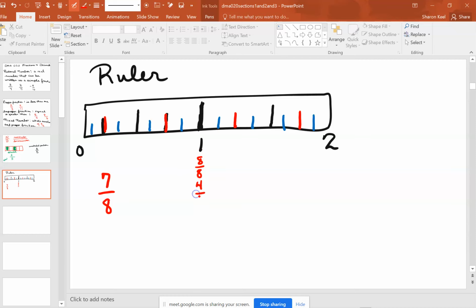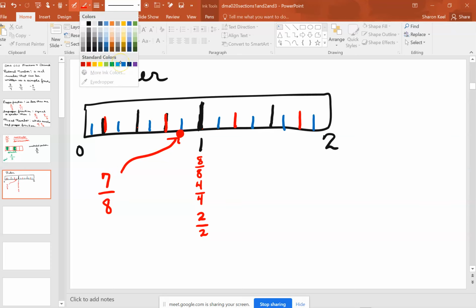Also, 4/4 would be one whole. 1, 2, 3, 4. Also, a 2/2, this is the half, 1, 2, that would also be equivalent to one whole. But if I wanted to graph the 7/8, I would literally count 1, 2, 3, 4, 5, 6, 7. So right here would be where 7/8 would be.